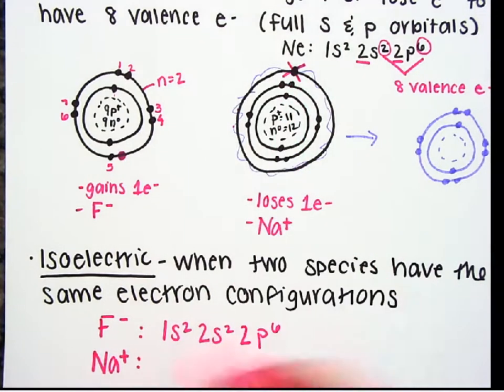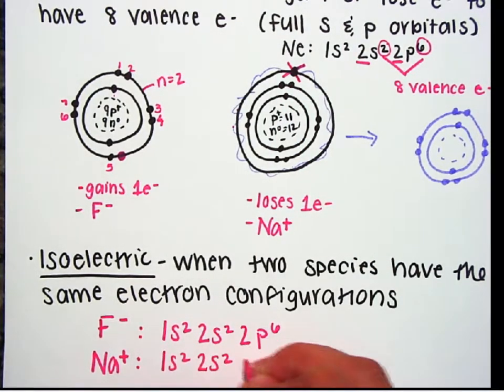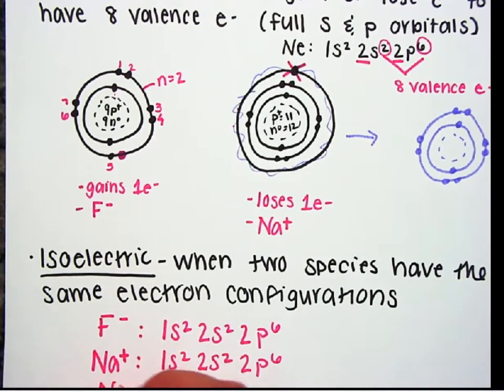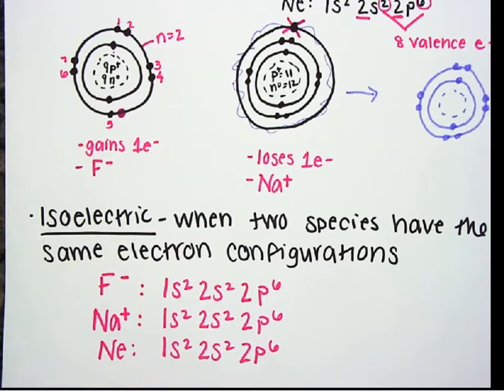If it loses 1, it has 10. The neon atom also has 10 electrons. So these 3 species would all have these same electron configurations, so they are considered isoelectronic.